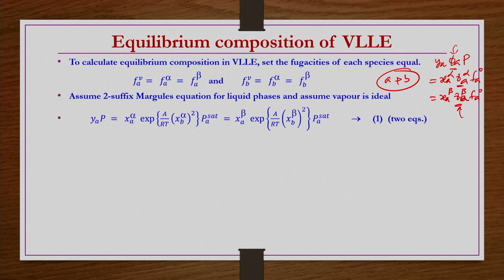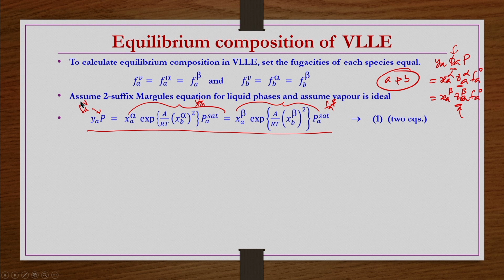When you assume the two-suffix Margules equation for the liquid phase and the vapor phase as an ideal phase, then for component A we have the expression: YAP is equal to XA alpha exponential of A by RT XB alpha whole squared PA sat, is equal to XA beta exponential of A by RT XB beta whole squared PA sat. This last part is nothing but FA beta, the middle part is nothing but FA alpha, and the first is nothing but FA V. This we have written for component A.